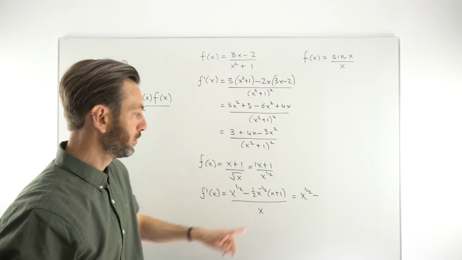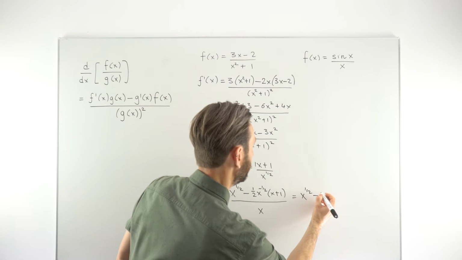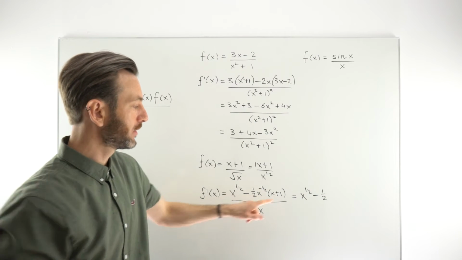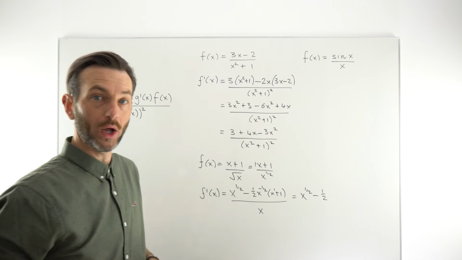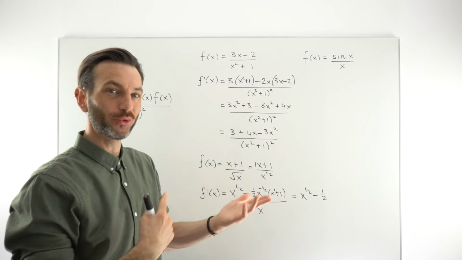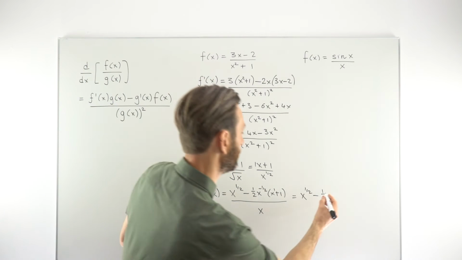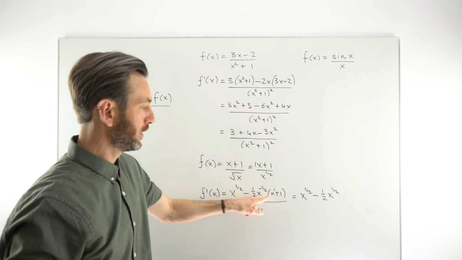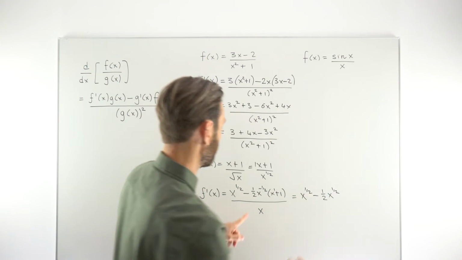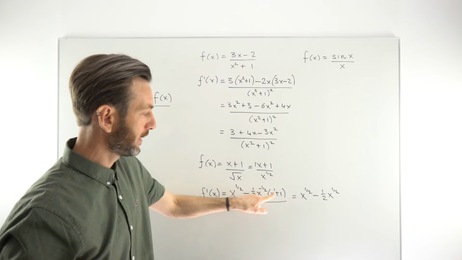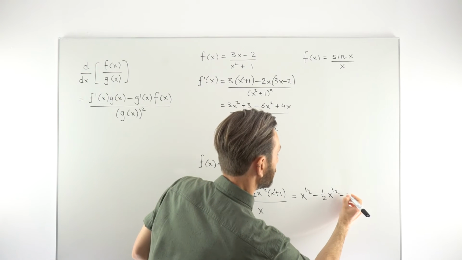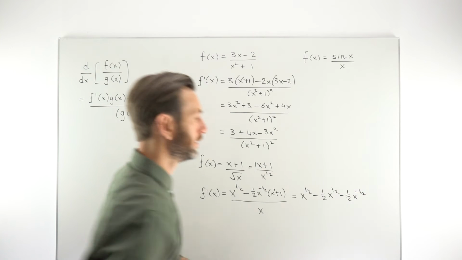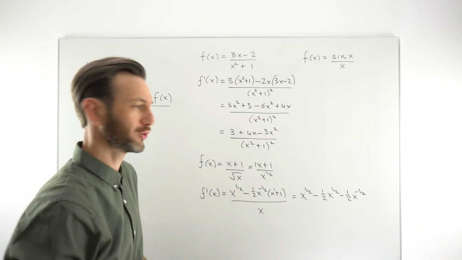This bracket we can multiply out, so we've got minus 1/2, and then we've got x to the minus 1/2, but remember this x has really got a power of 1 on it, so using our exponent rules to add the powers, that's going to become minus 1/2 x to the positive 1/2, because it's minus 1/2 plus 1. And then we're going to have minus 1/2 x to the minus 1/2 times 1, which is just minus 1/2 x to the minus 1/2. Okay, so a lot of half powers going on here.